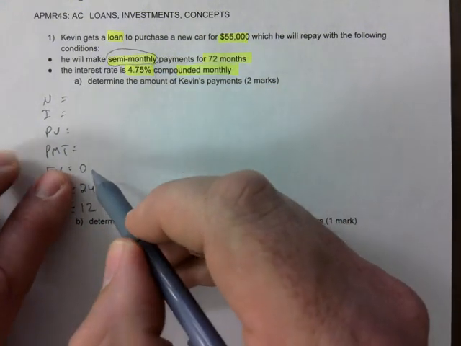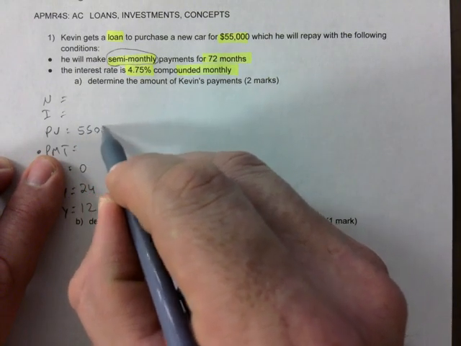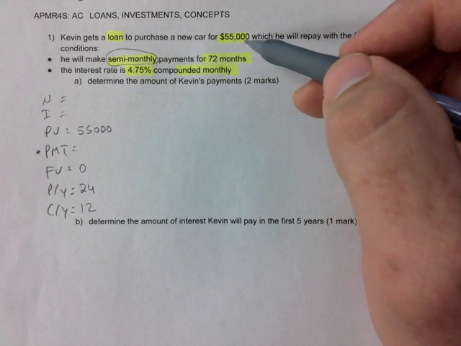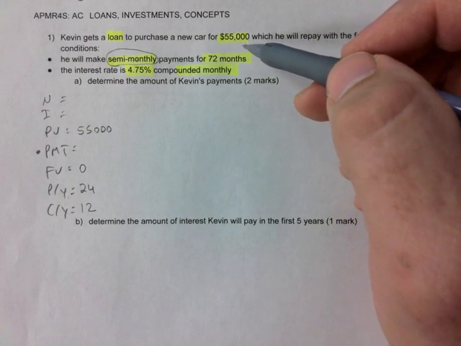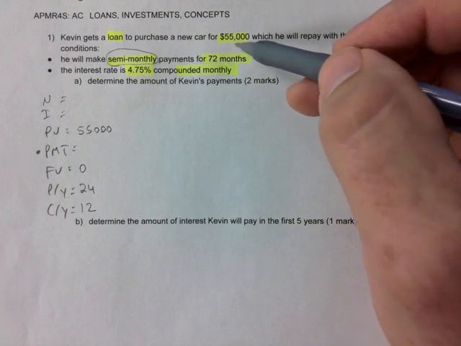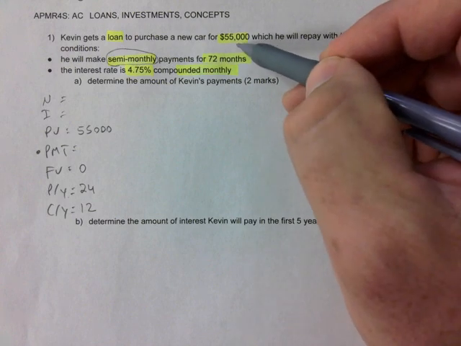Future value, 0. Payment, we'll figure it out. Present value, 55,000. Now I want to say something about this. If you do the booklet questions, I have questions where we add taxes to a car, like it's 55,000 plus PST and GST. So we would do that first.